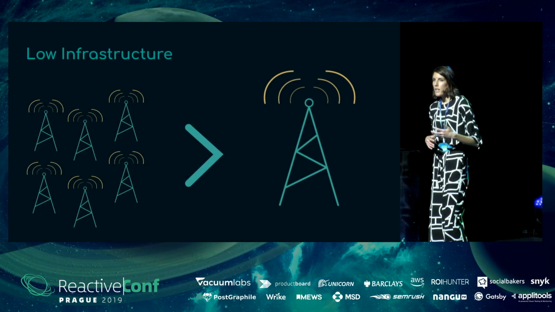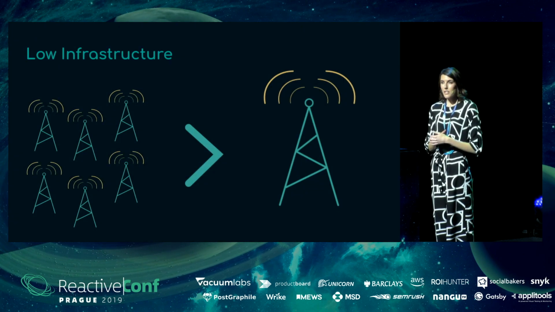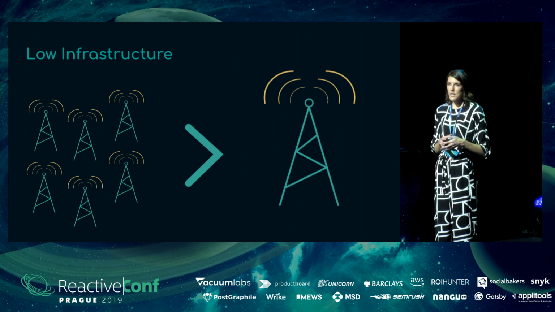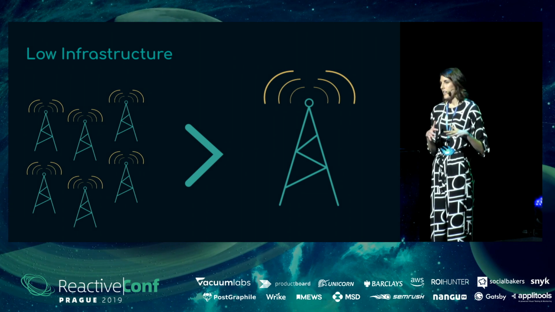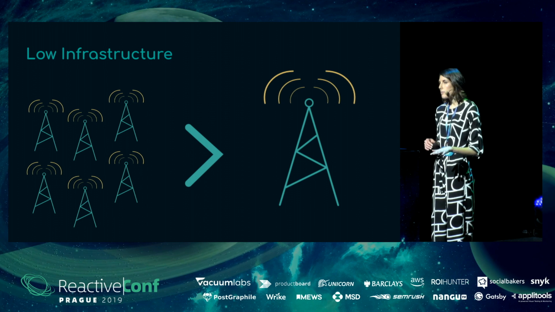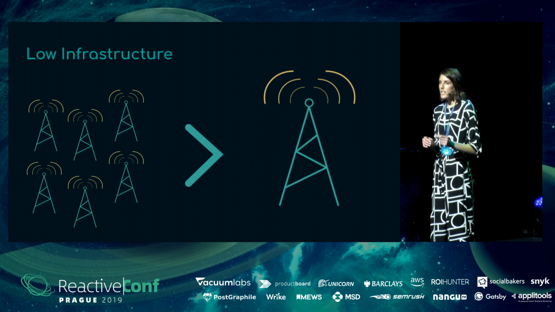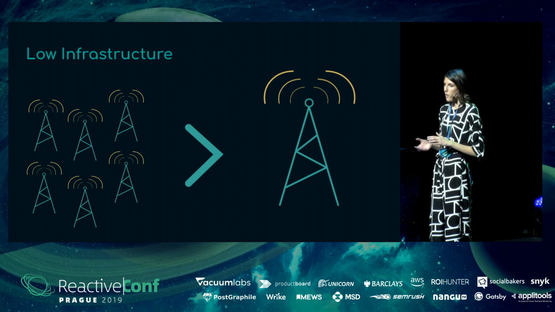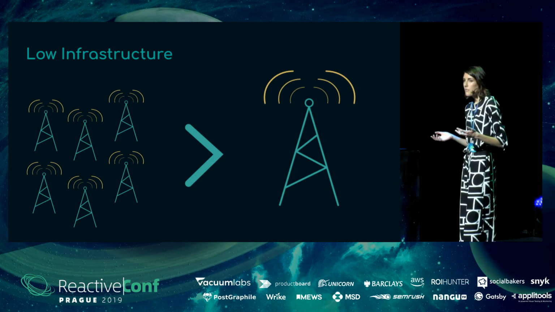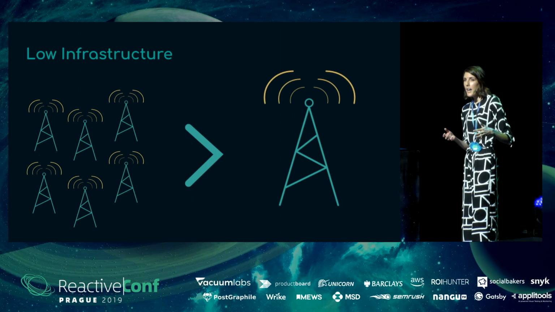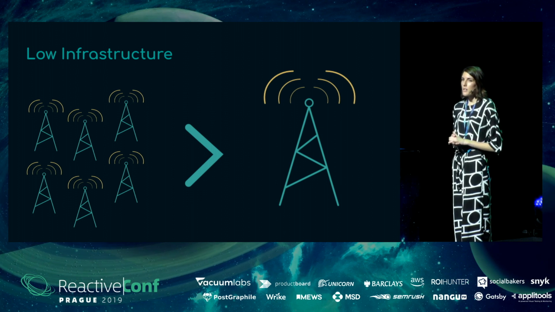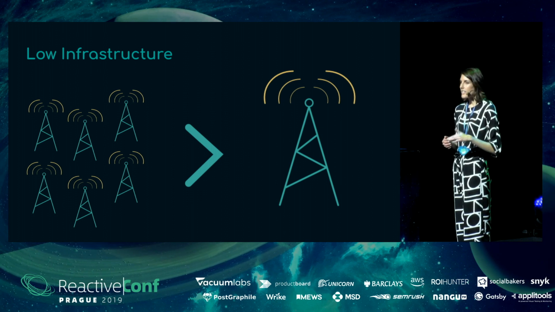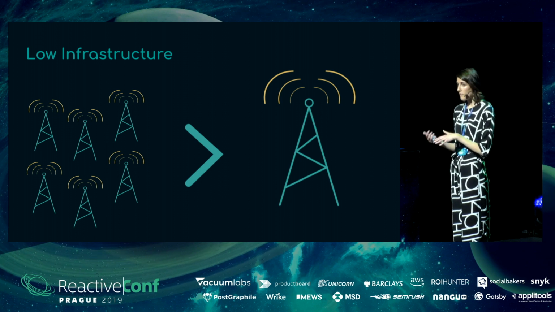So it's becoming apparent that the global mobile industry is more interested in providing mobile data to more people in more places than they are in increasing speed for people that already have access to the 4G network. So what this means for us is that the majority of our user base is going to be accessing the web on vastly different internet speeds than the ones that we develop on.